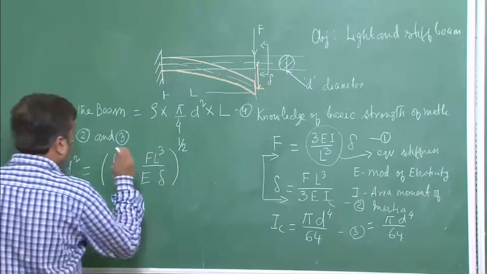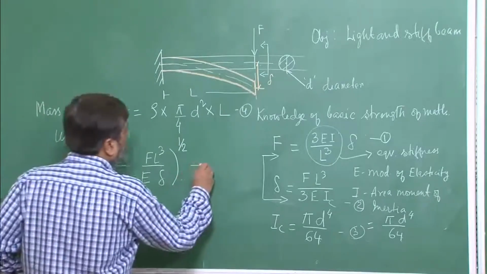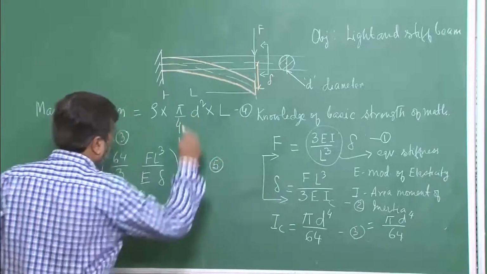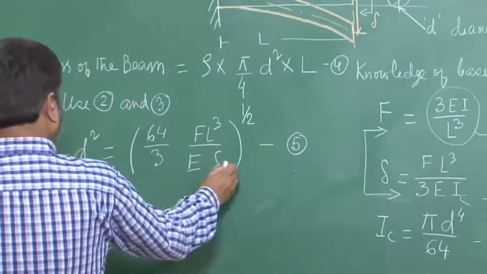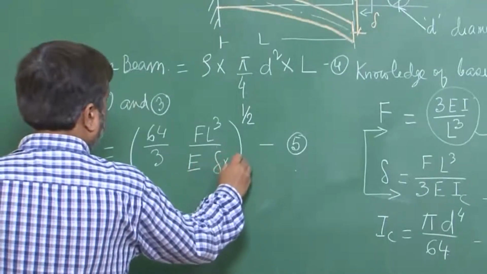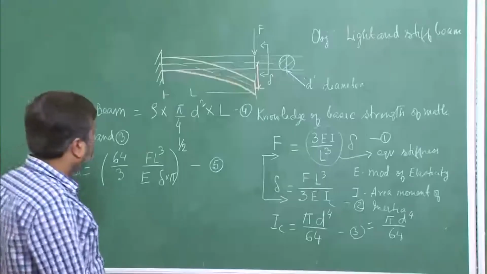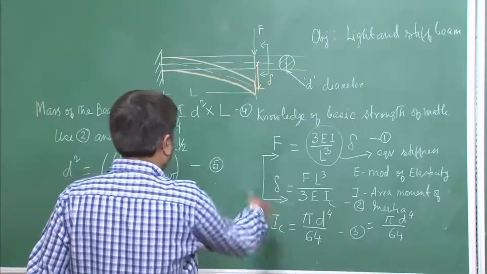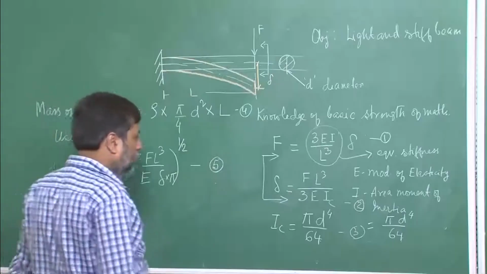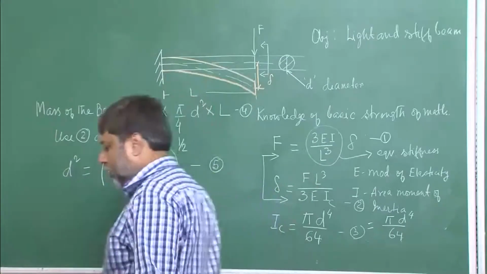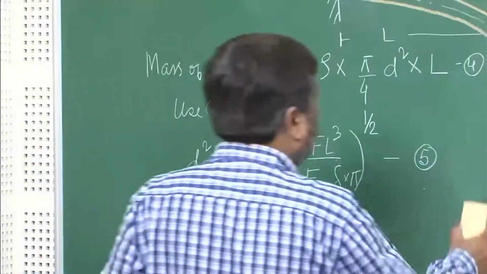Let us say this is my equation 5. Yes, we also have E and pi here, E delta pi, right. Now, we substitute this whole thing and try to get an expression. Let us erase this part now, because we have used these equations.